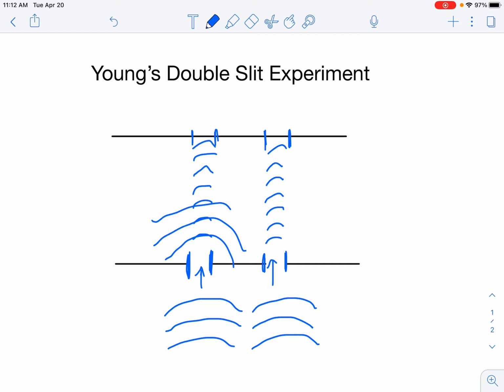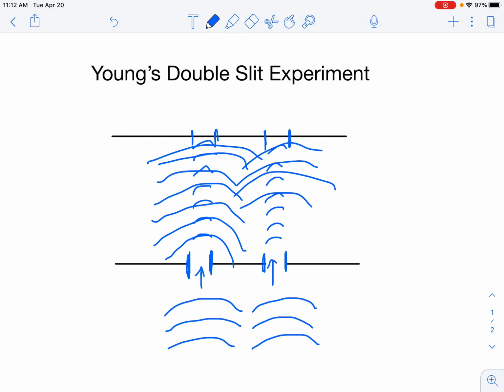So if we were to extend these out, and I'm going to do just a quick messy version of this, I'll clean it up a little bit, but you can see that these waves would overlap with each other and impact each other. The way that the ripple in the water looks, as you have these waves traveling through at slightly different angles all around, they're going to run into each other.